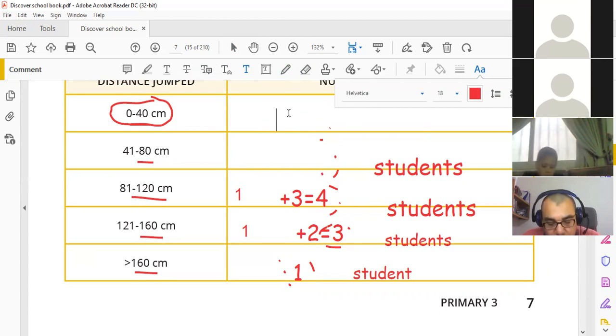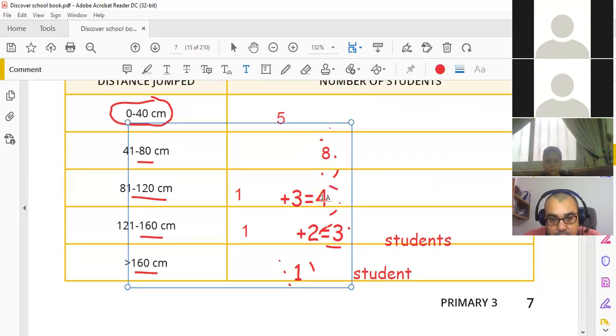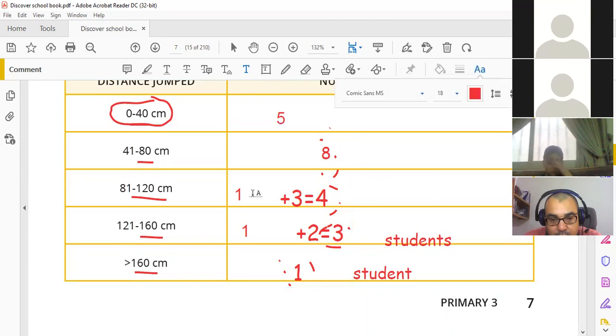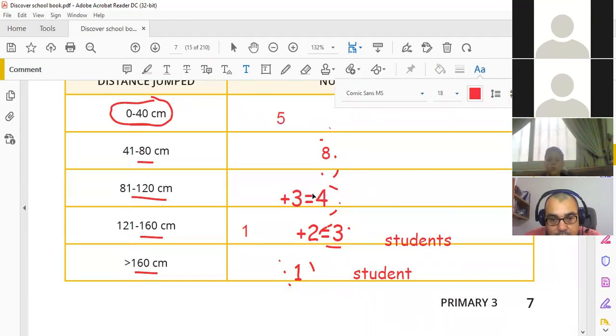I will erase this. Here you write only 5. And here you write only 8. And here you write only 4.